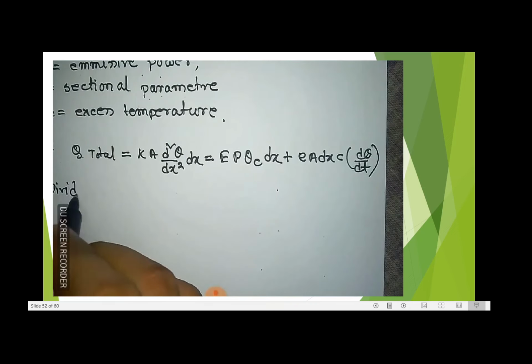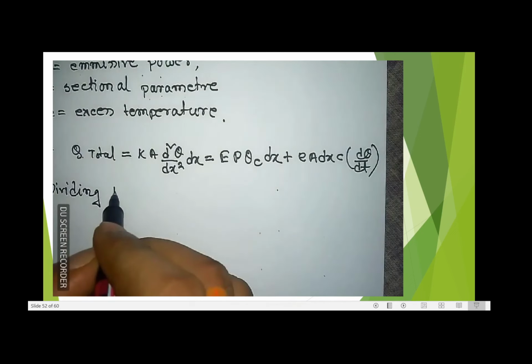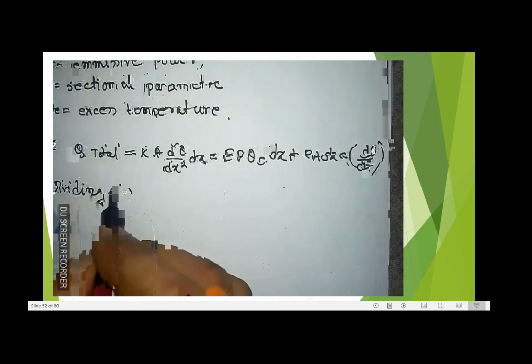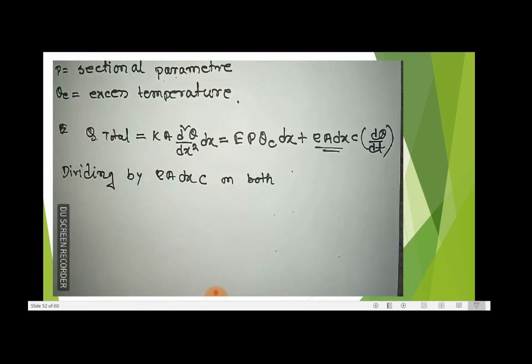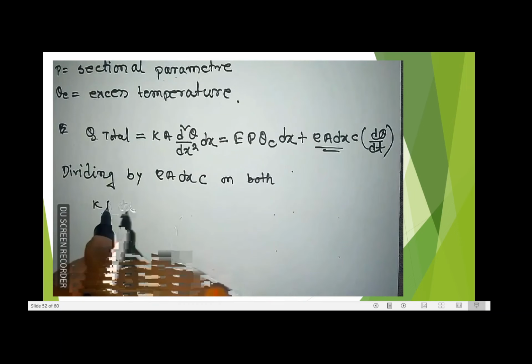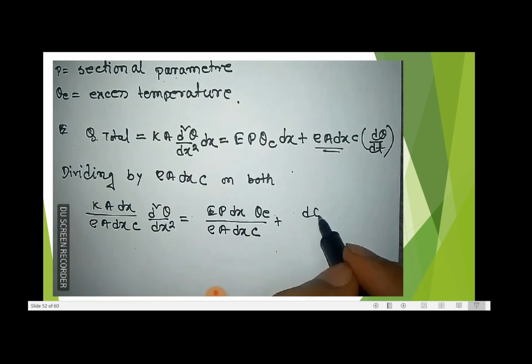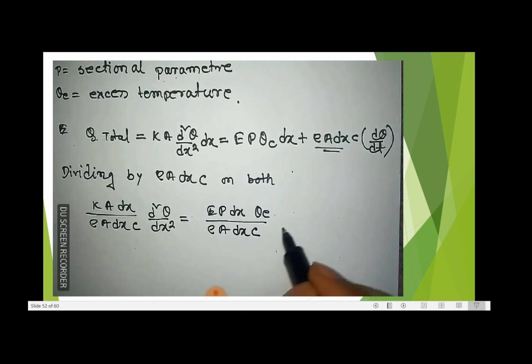Now dividing the whole equation by rho A dx c, it will be like this: K A d2 theta/dx2 over rho A dx c, equal to e p theta e over rho A dx c, plus d theta/dt. A cancels out and dx cancels out.